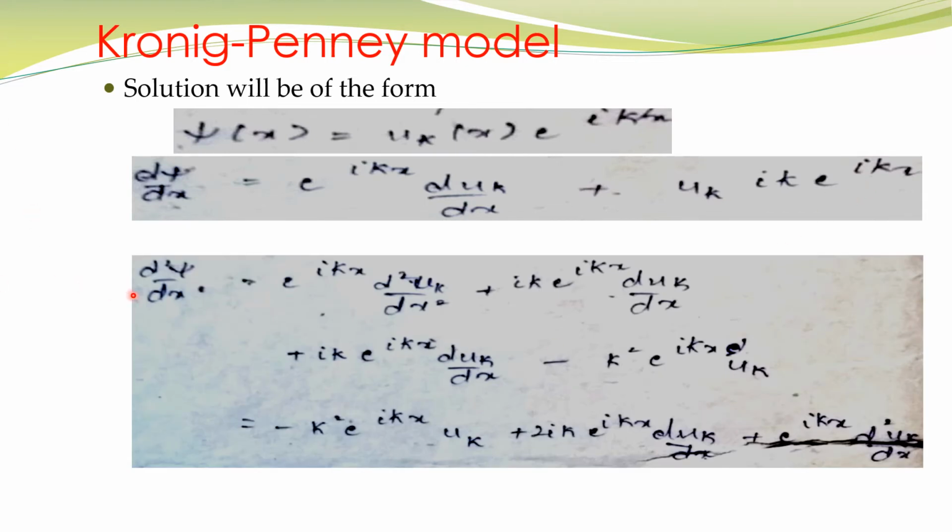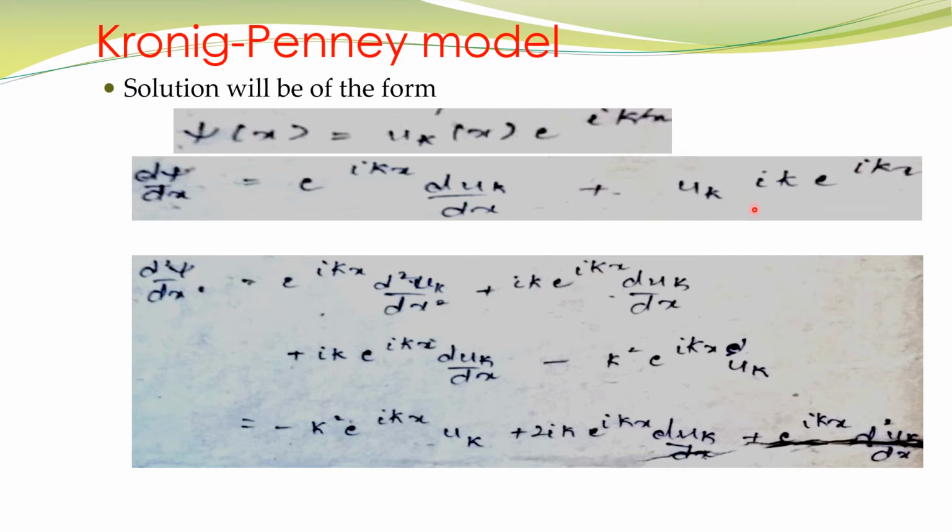Now take the second order derivative, d square psi upon dx square is equal to, first we will deal with the first term, again applying the UV product rule. Keeping e raised to ikx constant, differentiating this term, it will be d square uk upon dx square. Now keep duk by dx constant, we differentiate e raised to ikx, so that will be ik into e raised to ikx.